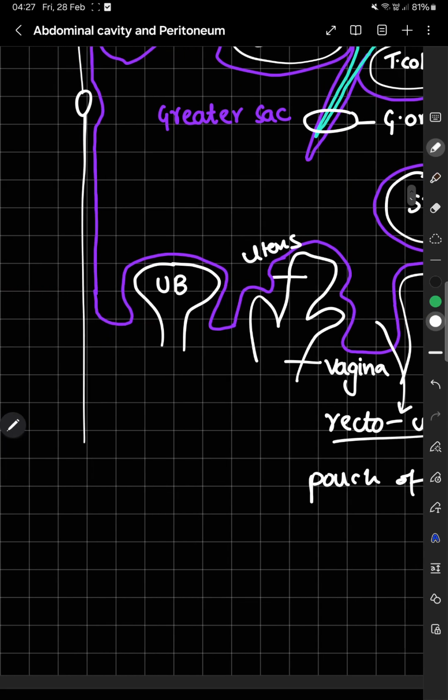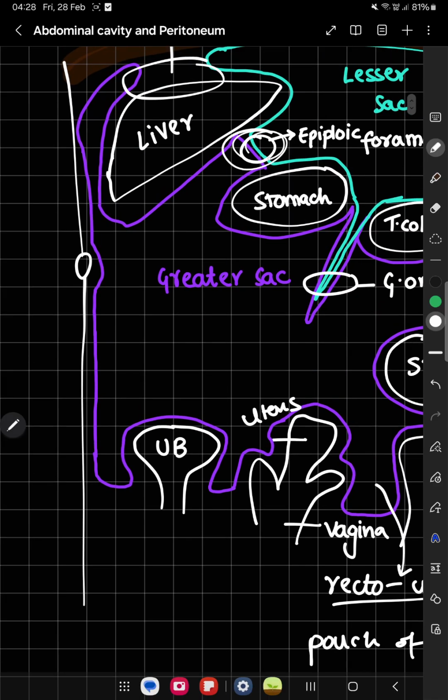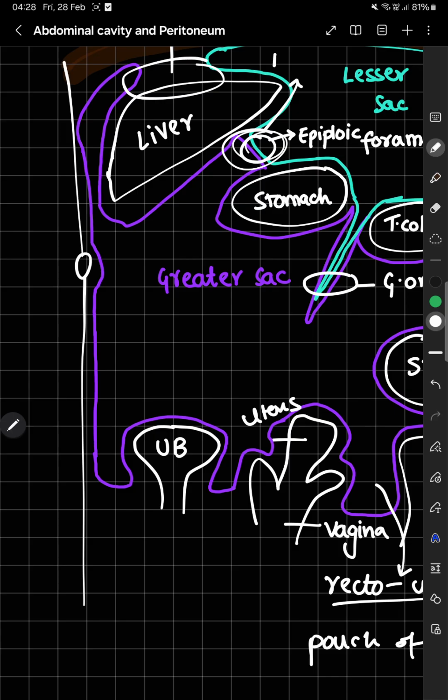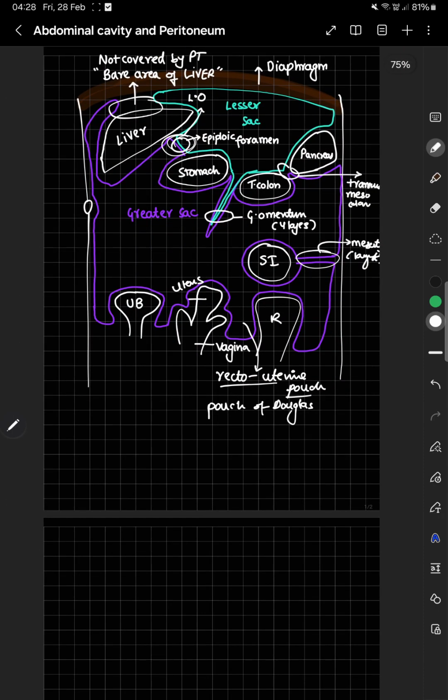Then we also have a pouch here. I think it's known as the vesico-uterine pouch. I'm not going to the depth of it. After that we have our lesser omentum, which is present between the liver and stomach. So somewhere around here we have our lesser omentum as well. This is basically a rough idea.